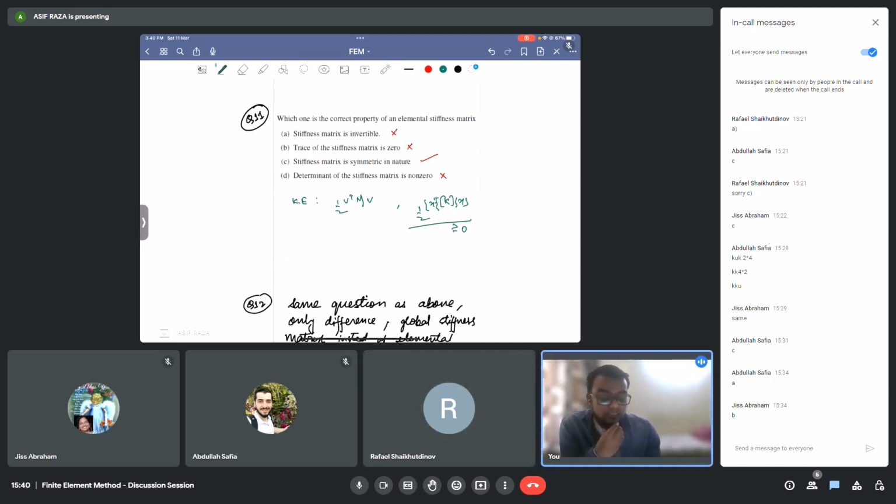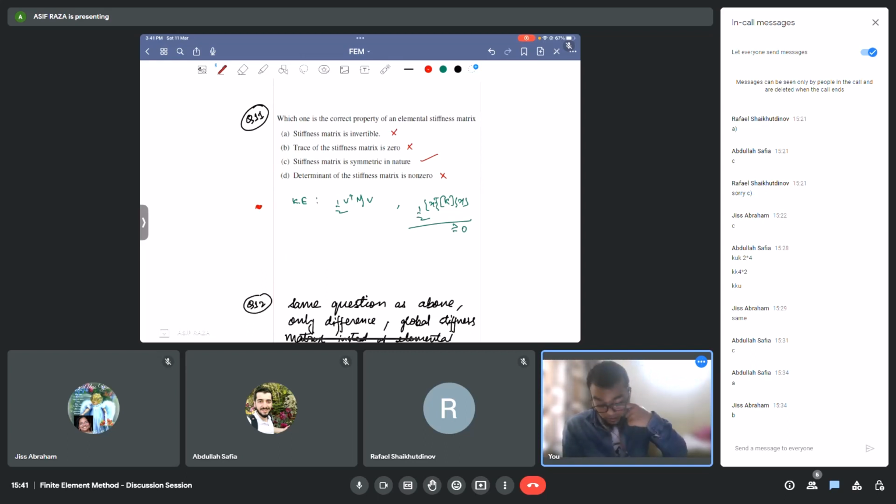I think this is related to energy, the physicality of the energy thing, but I'm not able to pinpoint exactly. I'll try to work it out and search exactly what it is, and say it in the next discussion session.